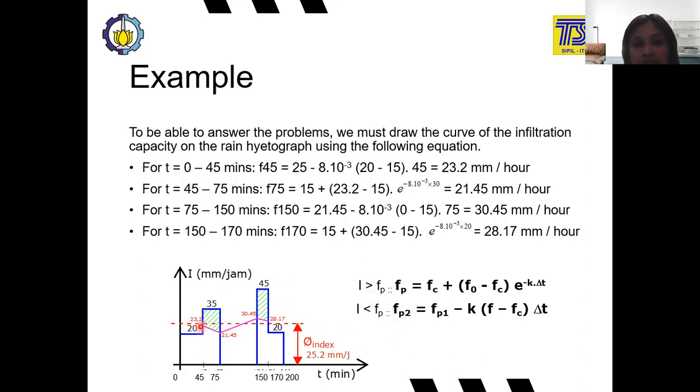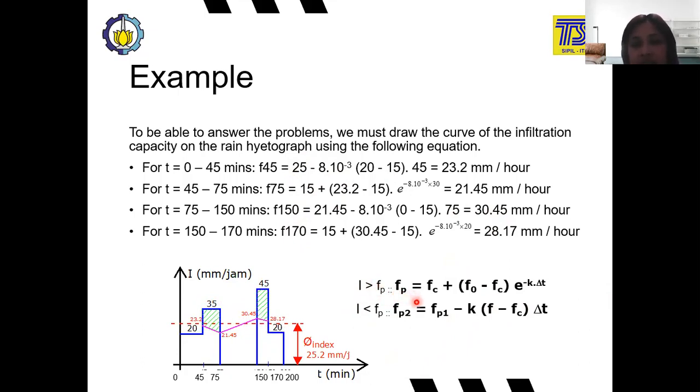Here we have the rainfall intensity of 35, and then we compare it to our previous FP, which is 25. 35 is bigger than 25.